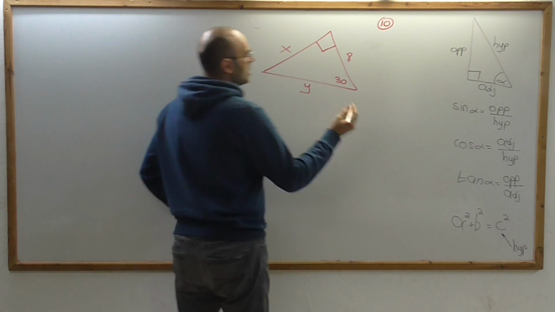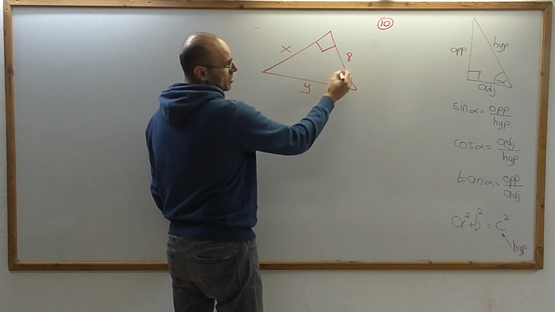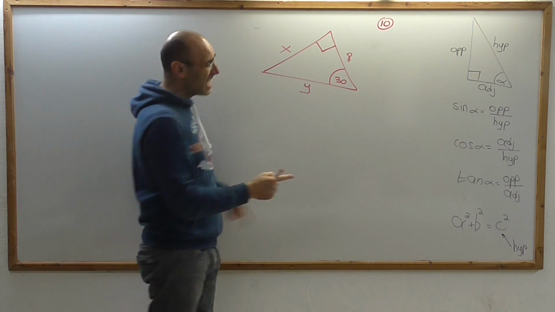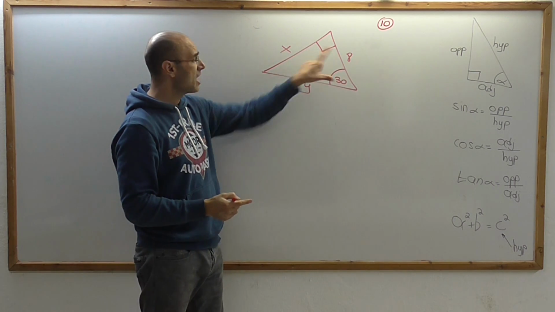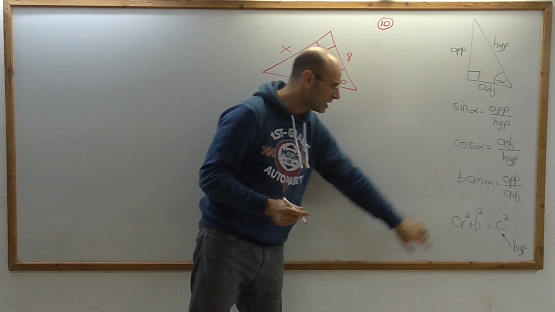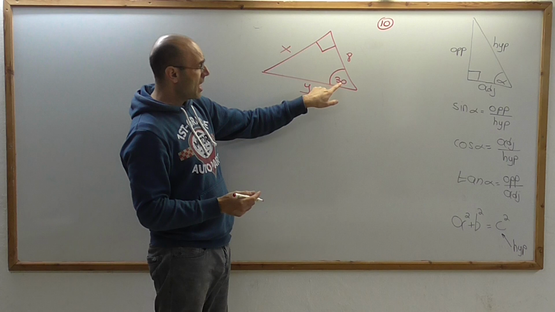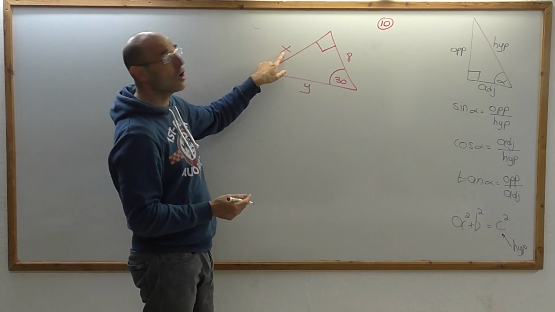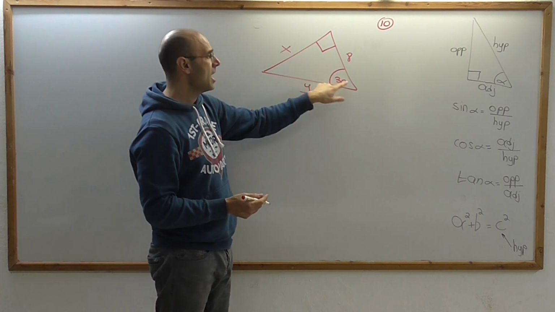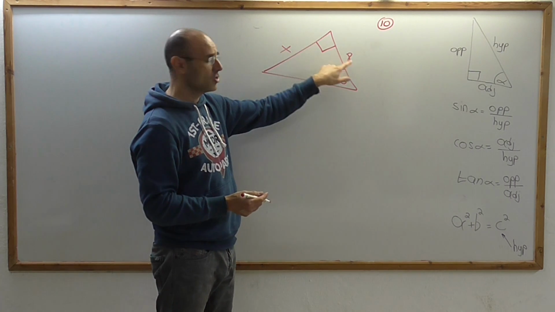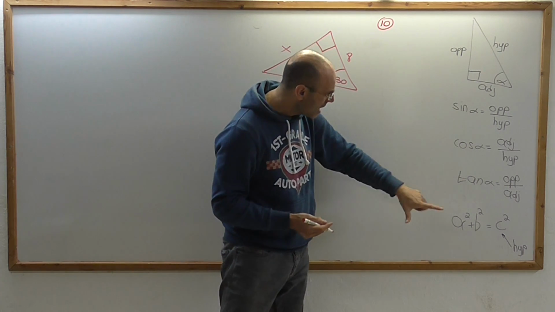Okay. Let's start with the x. I have this angle. I can't use this Pythagorean theorem because I don't have two sides. I only have one, so it won't help me. But I can use one of these. Let's see which. I have this angle. I want the opposite side, and I have the adjacent side. This is the hypotenuse. Op, edge. Who corresponds with op and edge?